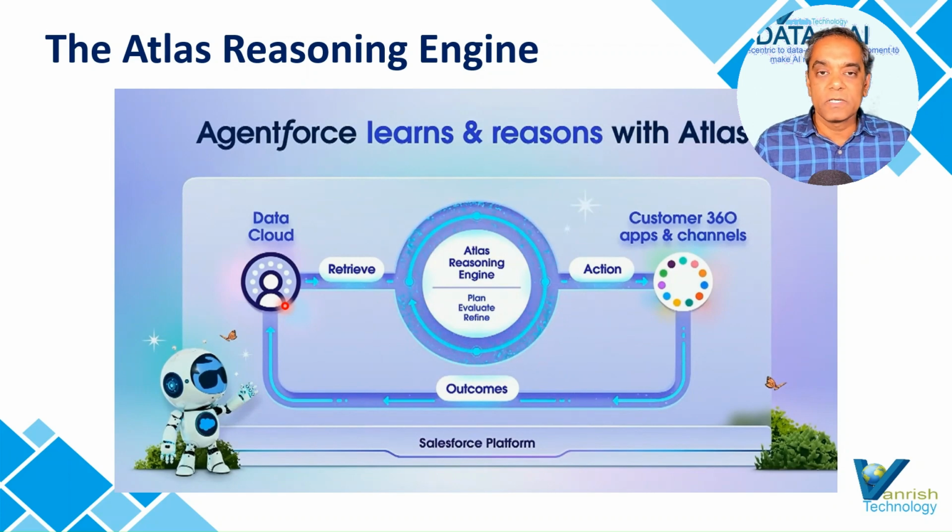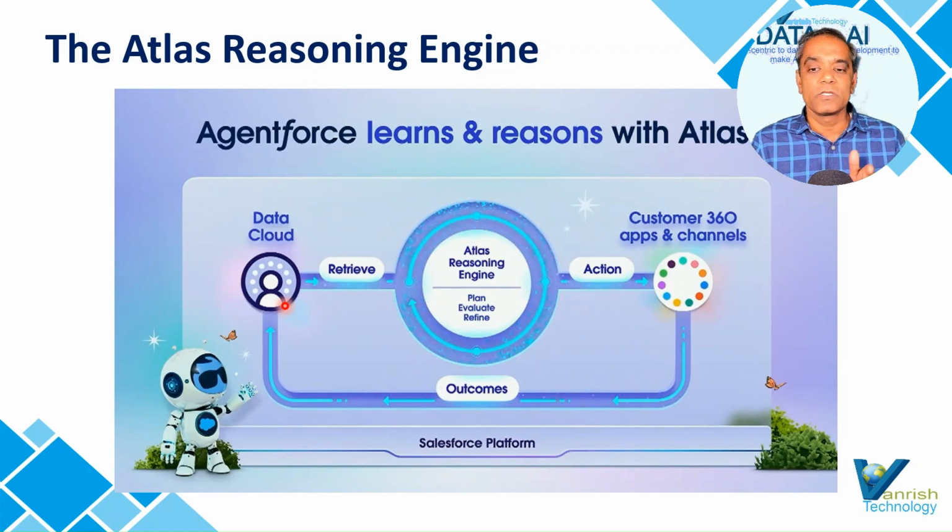The third key function is planning. Basically, Atlas breaks down a complex request into a multi-step plan. For example, suppose I ask a question: give me product information and warranty information. Now I'm looking for two pieces of information: the particular product information, and what the warranty is for that product.